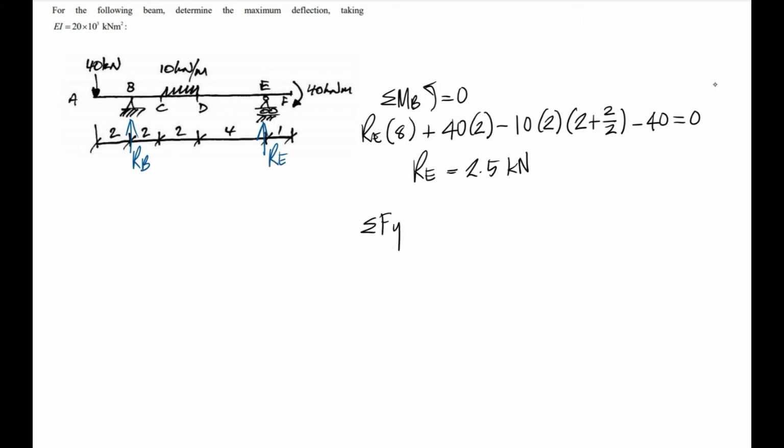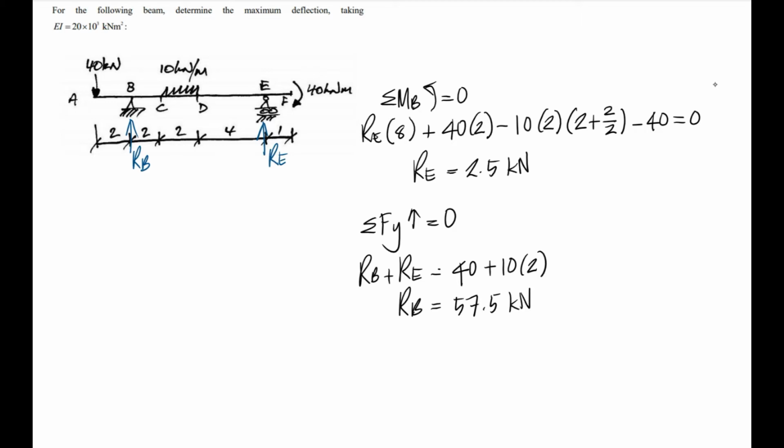Then using summation of forces equal to 0, we have RB plus RE equal to 40 plus 10 times 2, so we can find that RB equal to 57.5 kilonewton.